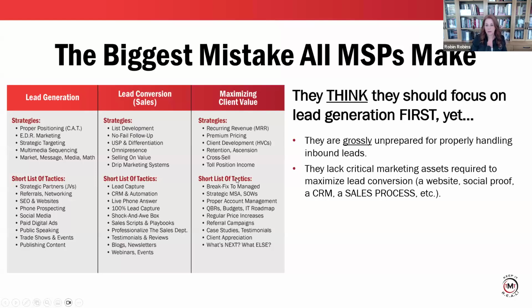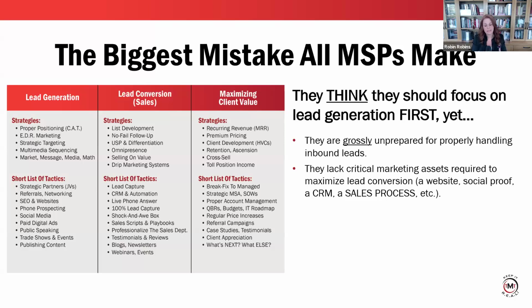A lot of you lack critical marketing assets. A marketing asset is like a website. It's social proof, like Google reviews or testimonials on your website. Most of you don't have a CRM, an application. Marketing automation is better, where leads are captured and tracked so you can follow up, nurture, and do drip marketing.